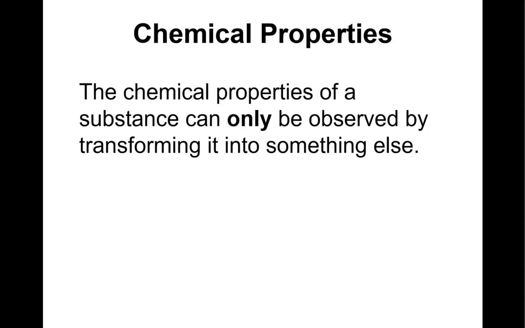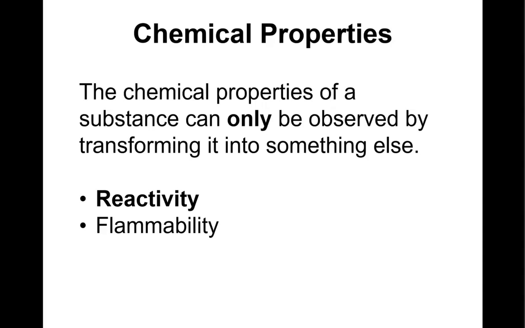Let's talk about some chemical properties, because in order to observe a chemical property, you have to actually destroy the thing that you're talking about. So the chemical properties of a substance can only be observed by transforming it into something else. And really, this all comes down to chemical reactivity, which is a blanket term that covers some of the other things I'm going to list here.